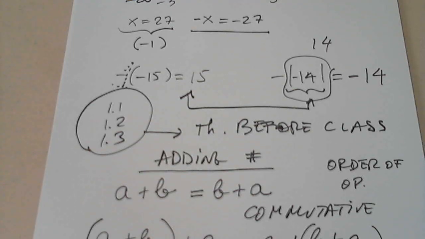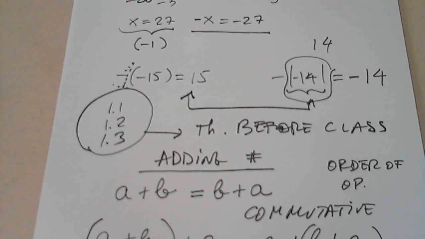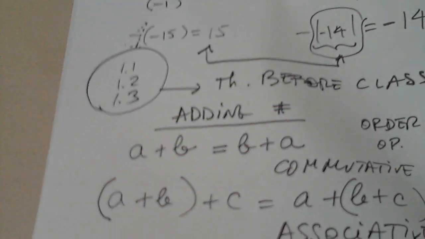But it doesn't matter if I start with the first two or if I start with the last two and then add the third. The answer will be the same. And this is the associative law. The associative law or rule. Okay.